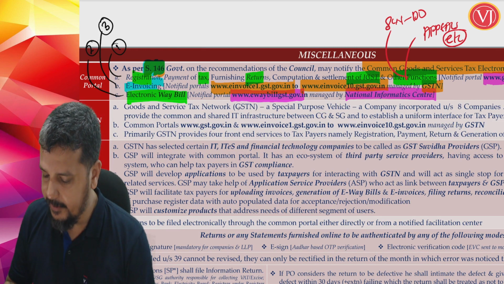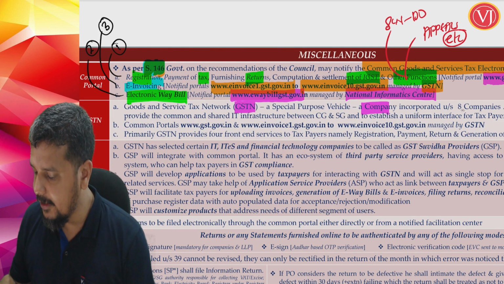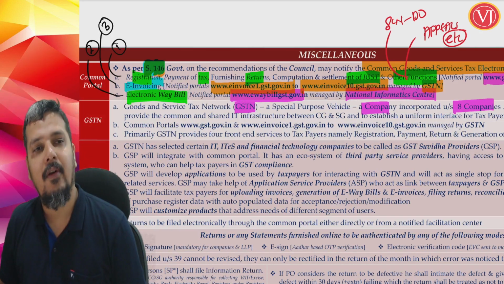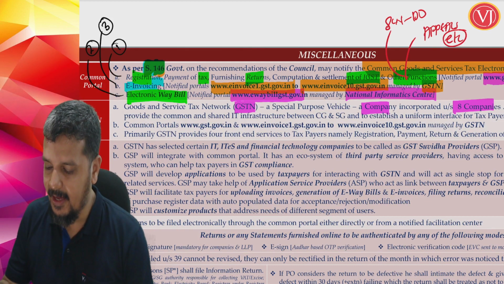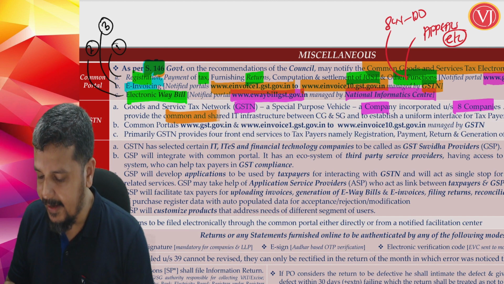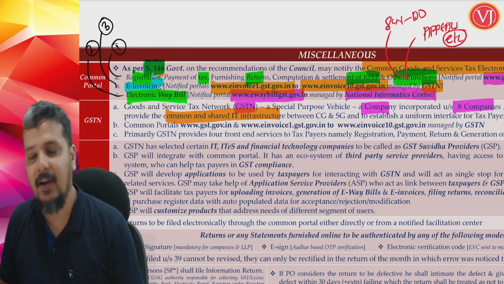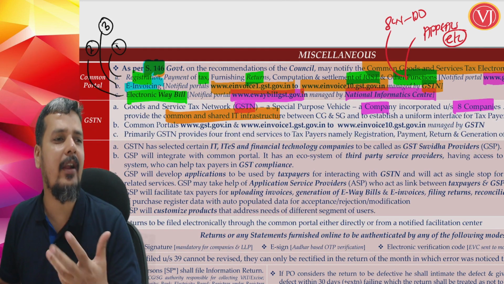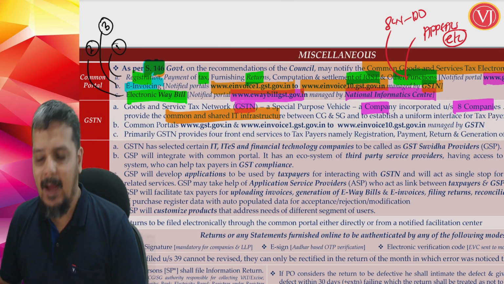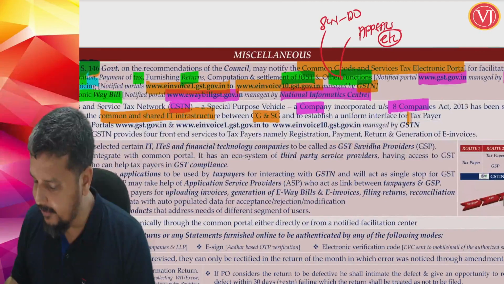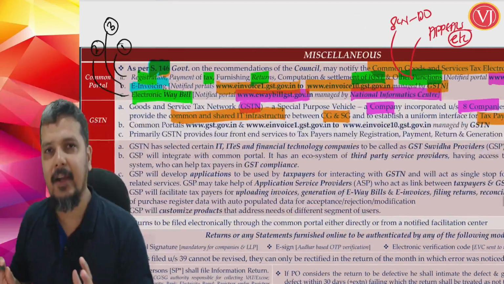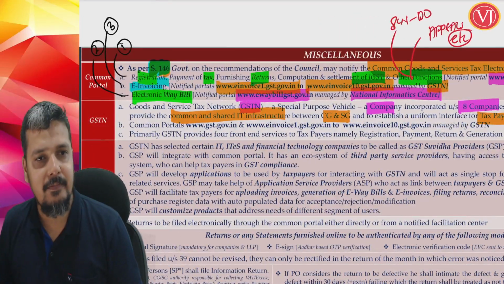GST Network is a company incorporated under Section 8 of the Companies Act, and it has a common and shared information technology infrastructure. Why it is actually called a common portal: whether it is government or taxpayer, everyone will talk only on that portal.